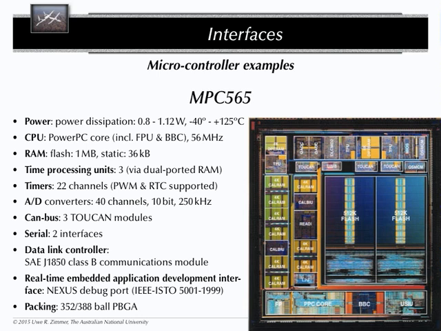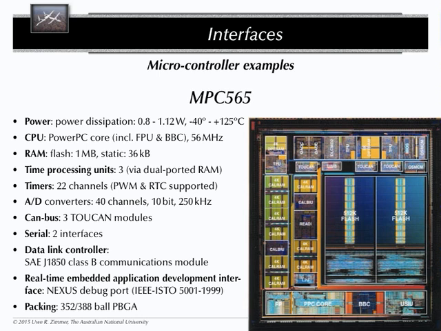This is taking the concept of having lots of concurrent entities in your controller to the next level, so to speak. Those are small CPUs which are dedicated for specific hard real-time applications, and they're running completely independent of your main CPU.